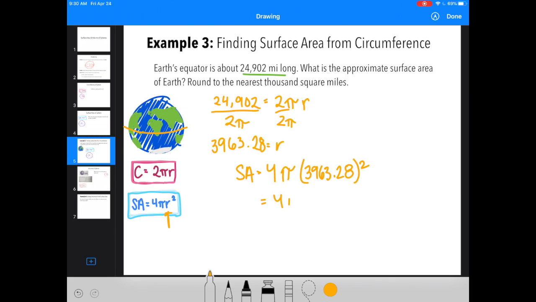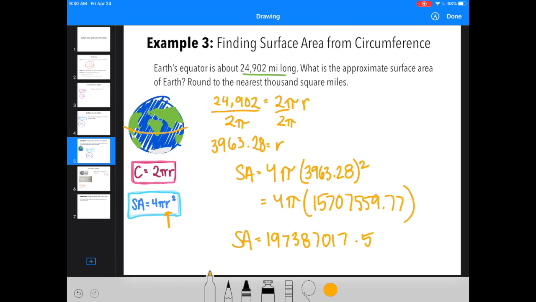So we have 4 pi times a big number, 1,570,755.977. All right, leaving that in my calculator, I'm going to multiply by 4, multiply by second pi, giving me a surface area of 197,387,017.5 miles squared.